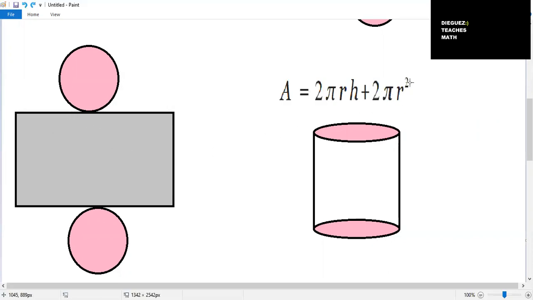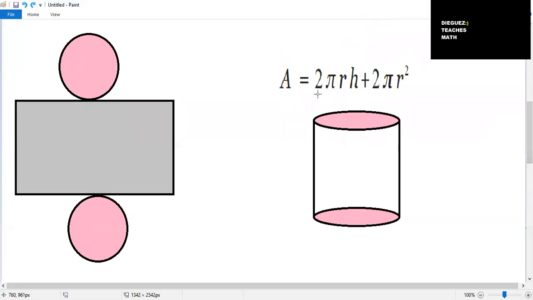Plus 2 pi r squared is going to refer to the area of both of those circles. So pi r squared is the area of one circle. We multiply by 2 because how many circles do we have? Well, we have 2. So that's why we multiply by 2. On any right cylinder, you may use this surface area formula.